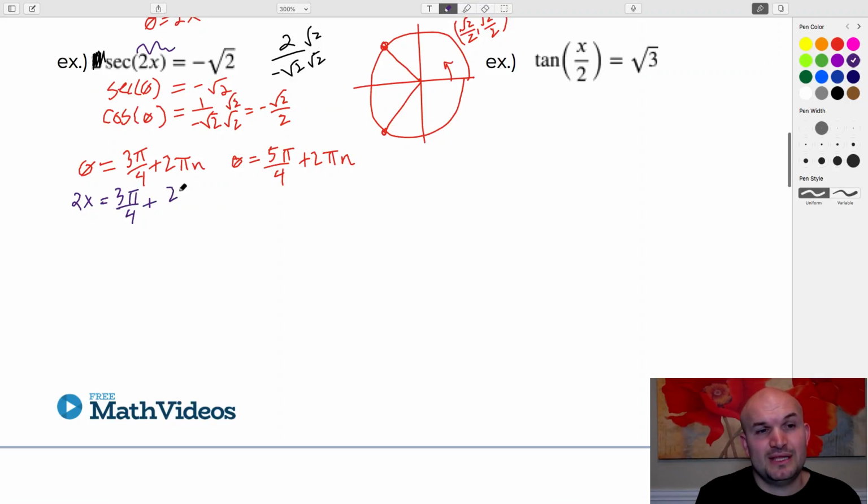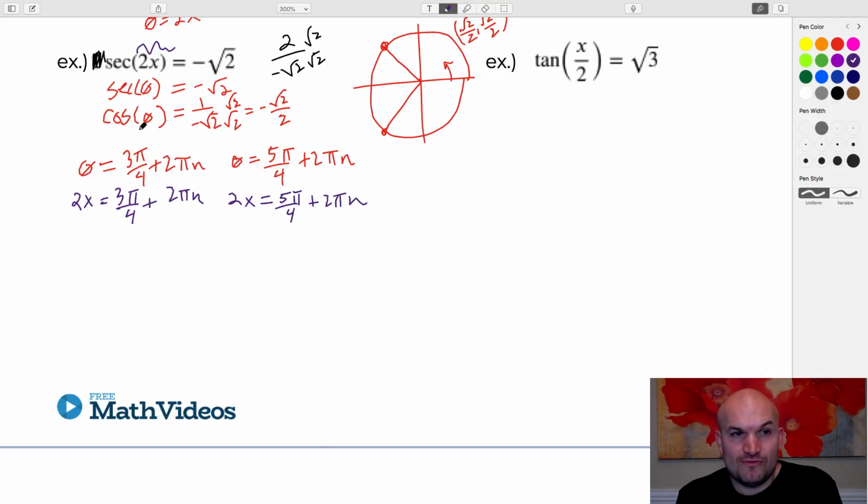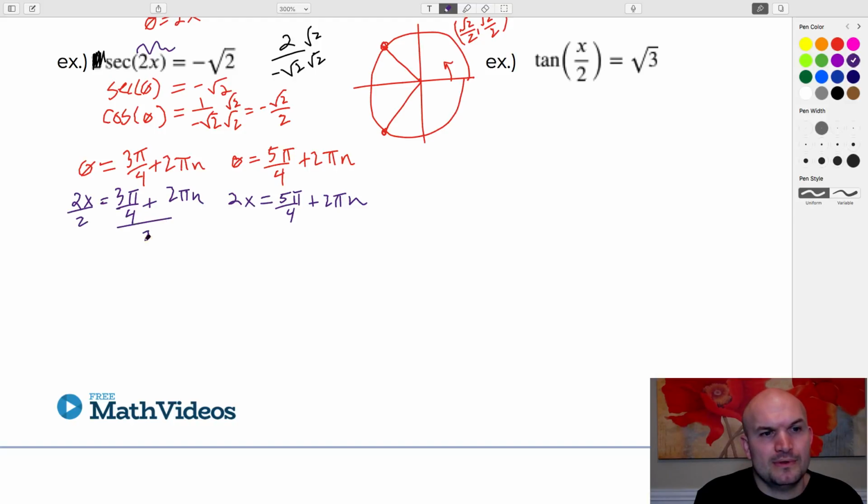Now this is where a lot of students have trouble. If this is a sticking point for you, pay attention. To solve for my x, which is the whole purpose of this video, finding the solutions, we're just going to divide by 2. That's not the hard part.